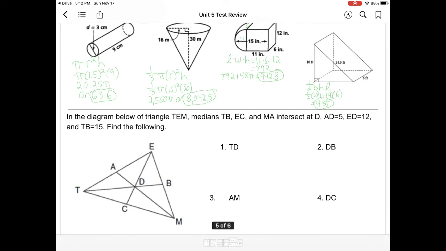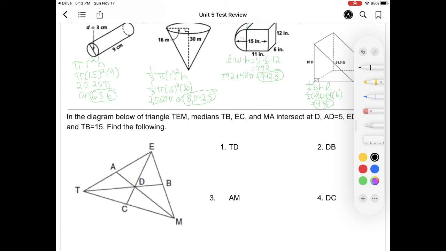And then lastly, we are given this diagram below, T and EM, with medians at TB, EC, and MA, intersecting at D. AD is 5, ED is 12, and TB is 15. Find the following. Because our lines are medians, the long part is 2x and the small part is x.